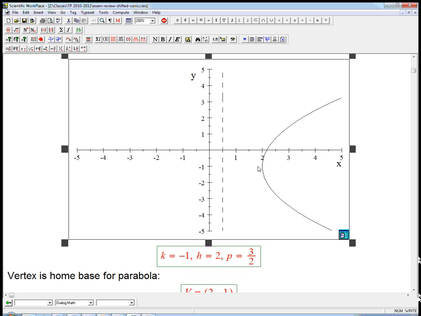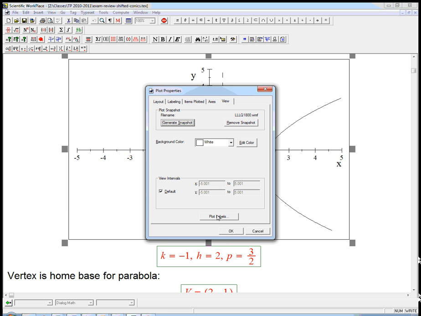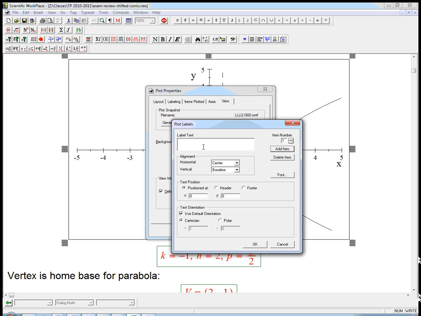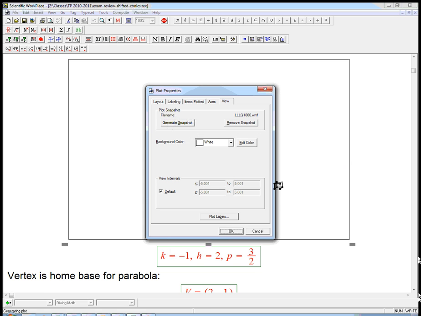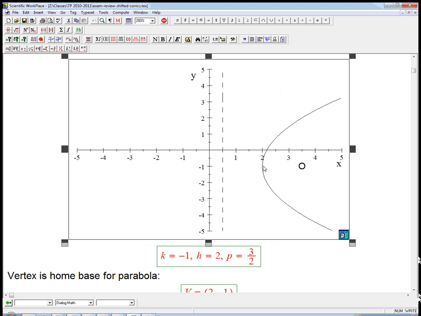And then the focus is going to be at, let's see, let's add a little O, which is the letter I usually use. And that was supposed to be at 7/2 or 3.5, -1. Let's see if that looks good for the focus. So there we go. There's the vertex, there's the focus, there's the parabola, there's the directrix.